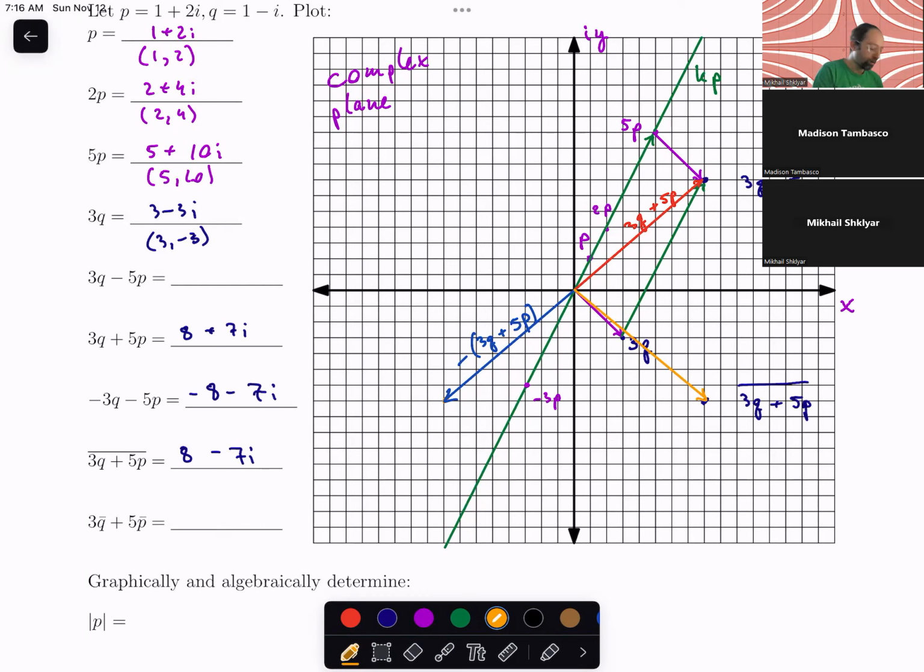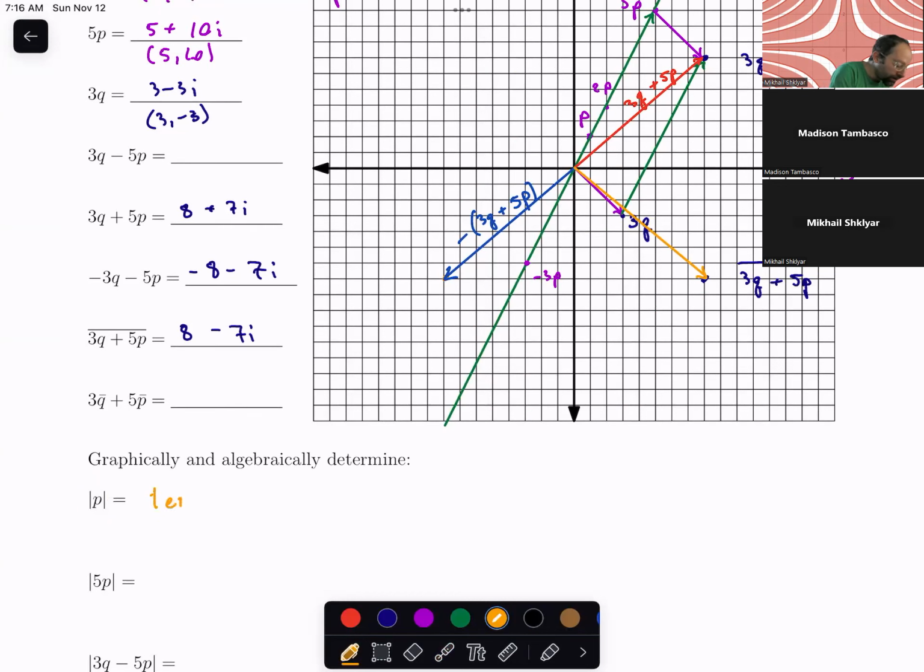Okay. Now, next up is graphically and algebraically determine the magnitude of P. Now, to remind you, what is the magnitude of P? This is the length of vector P, or the distance from P to the origin.